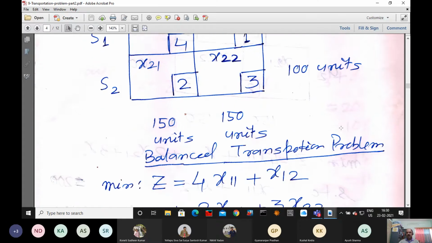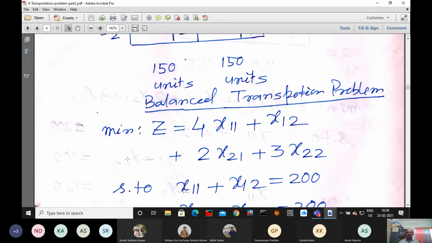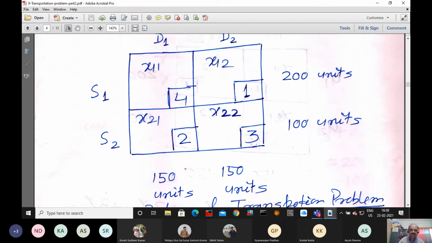This is the total transportation cost. This transportation cost we have to minimize, subject to x11 plus x12 equal to 200, x21 plus x22 equal to 100. Then we have x11 plus x21 equal to 150, x12 plus x22 also equal to 150.